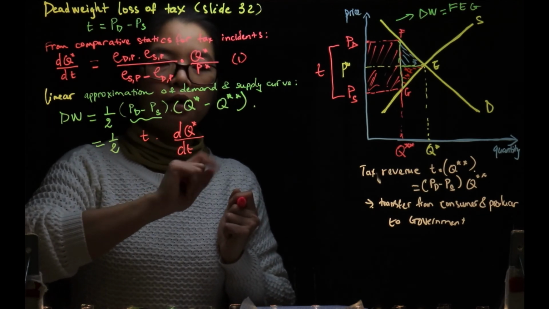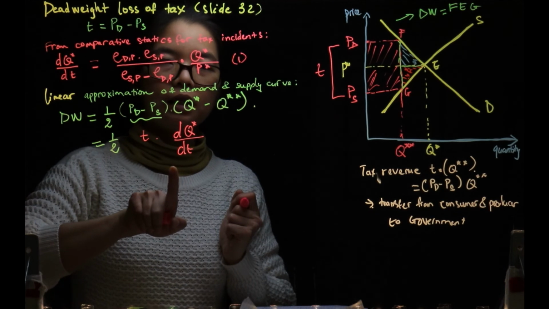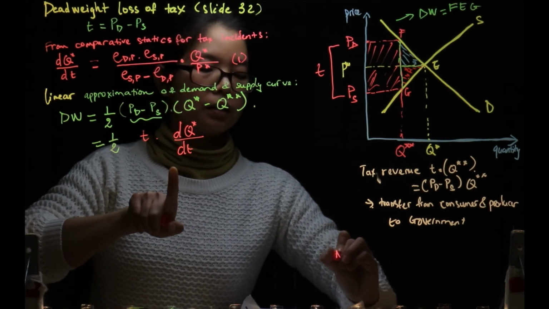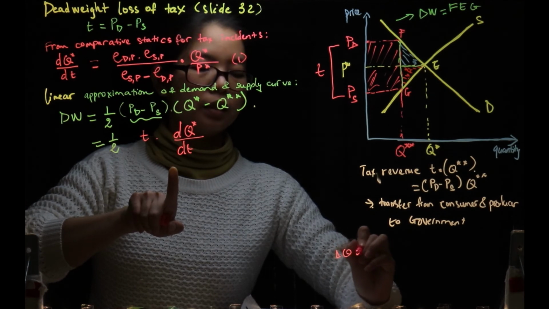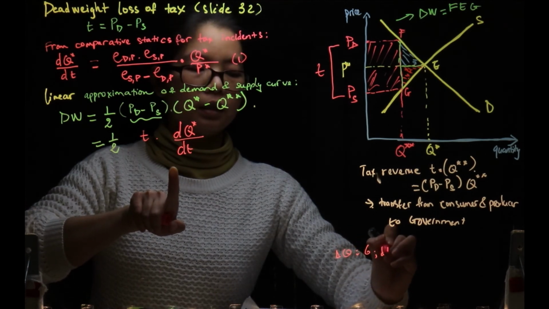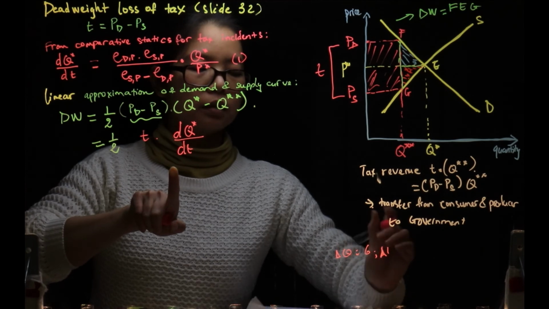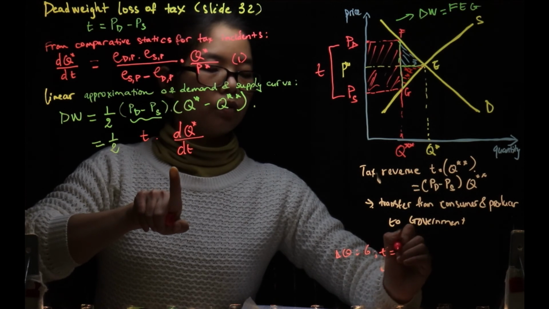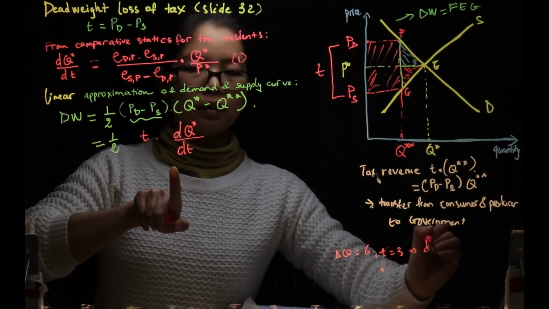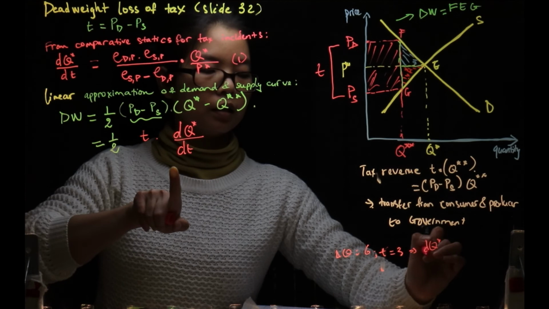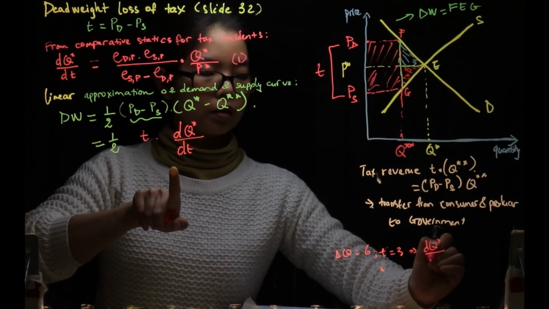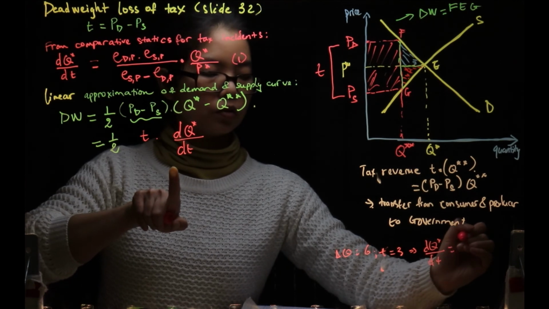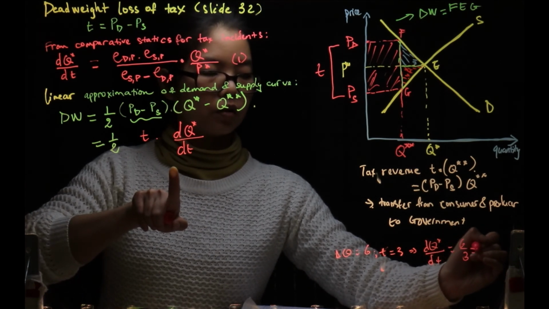Then dQ is 6, dT is 3, so dQ star, like the change in Q per euro of tax, equals 6 over 3 equals 2.